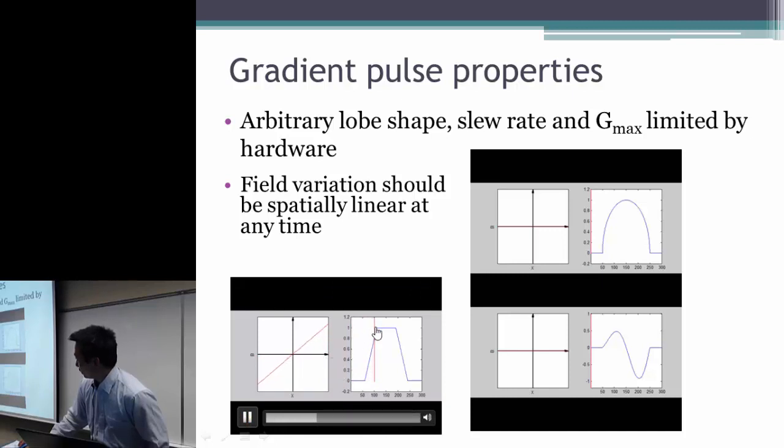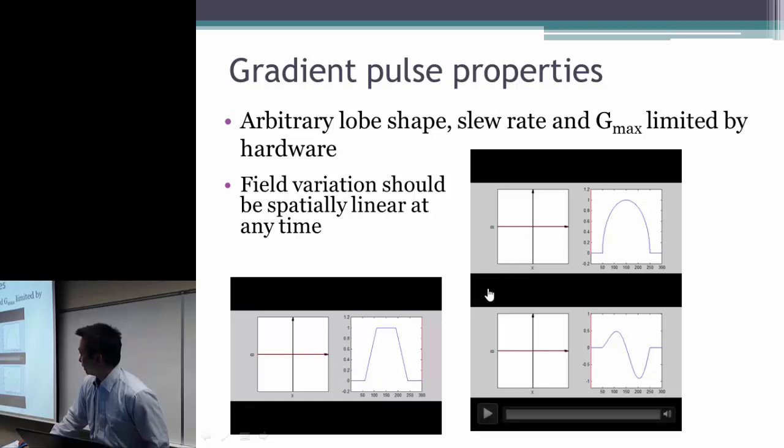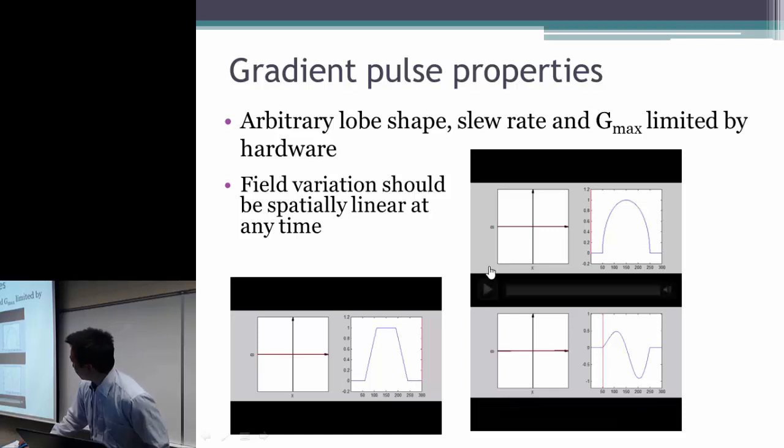When it goes up, the slew rate of this field variation goes up, and when it ramps down, the slew rate ramps down. So basically, this is actually showing the slew rate of the actual field distribution.